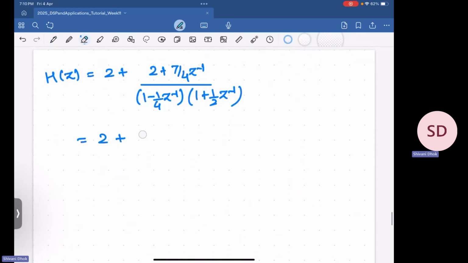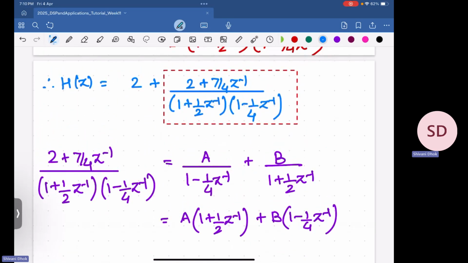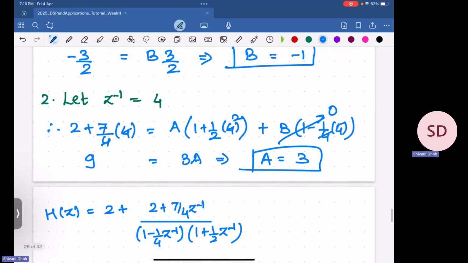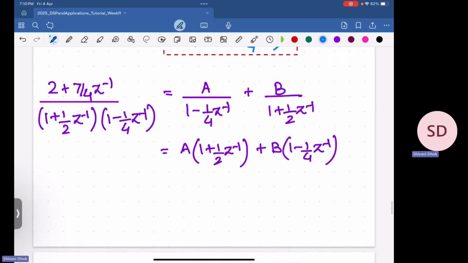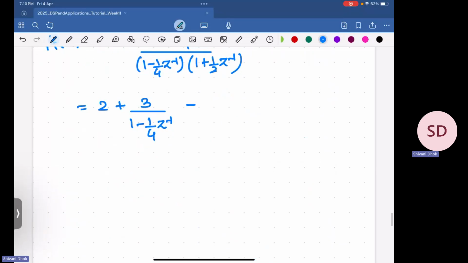So we have plus 3 divided by 1 plus 1 by 2 z inverse, and then plus b divided by 1 plus 1 by 2 z inverse, and here b came out to be equal to minus 1. So we have minus 1 upon 1 minus 1 by 4 z inverse.